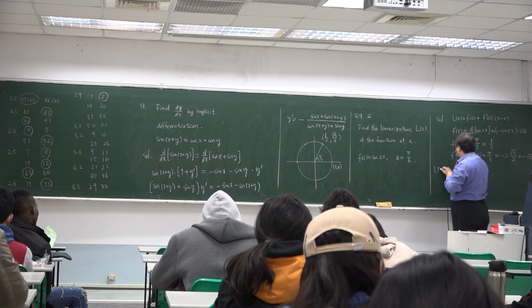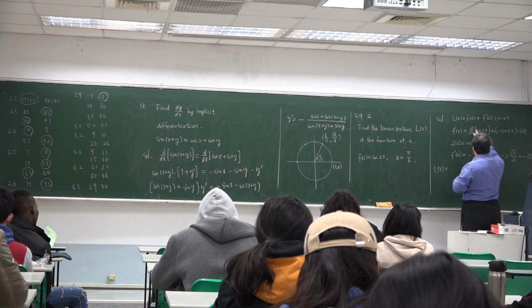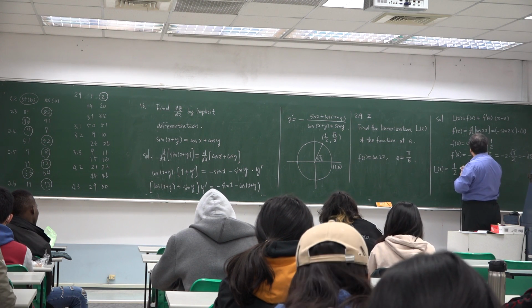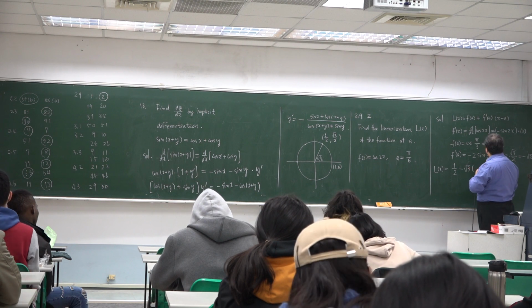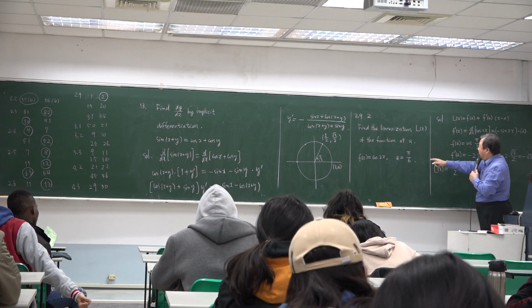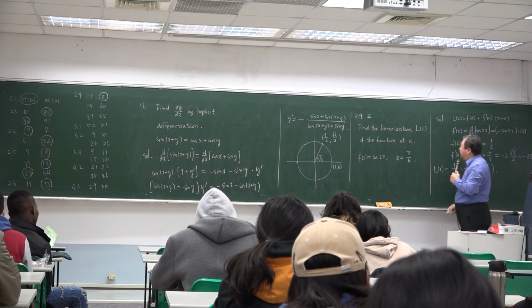Therefore, the linearization L of x equals f of a, which is 1/2, minus square root of 3 times x minus a. A is pi over 6. That's all.